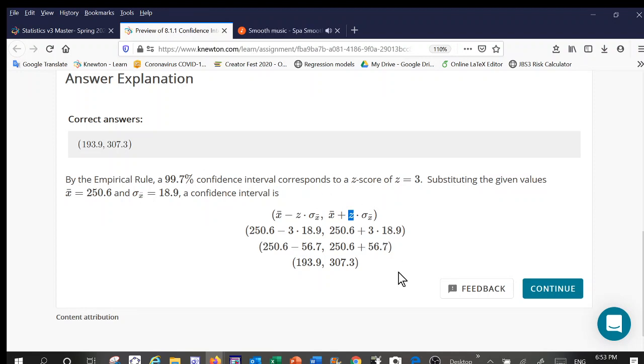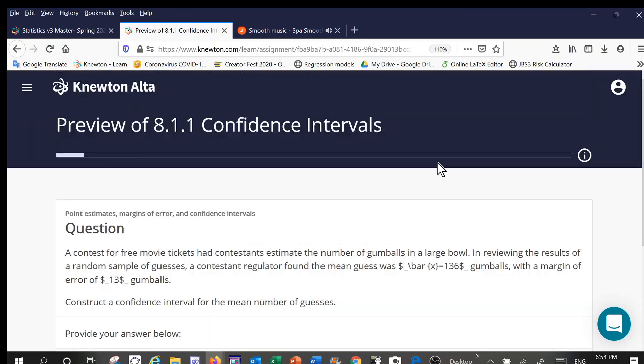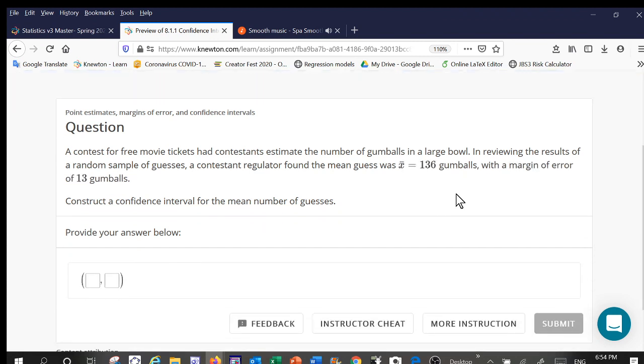So all you have to do is take the mean that is given, 250.6, and add 3 standard deviations, which is 18.9, to it, and then subtract 3 standard deviations from it, and you get the interval. Alright, so that was empirical rule.